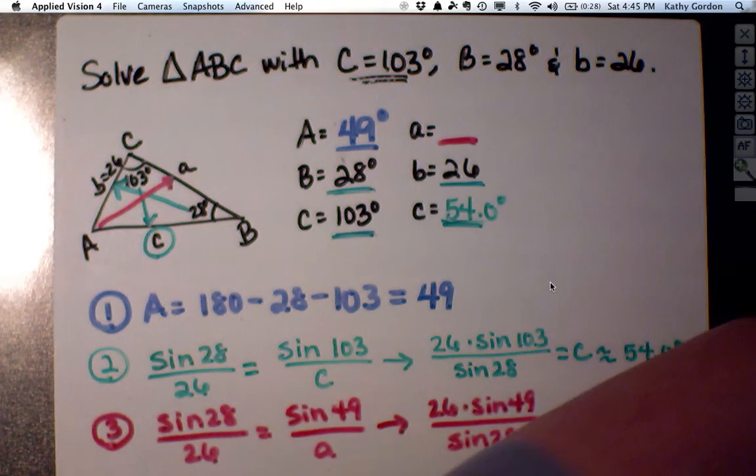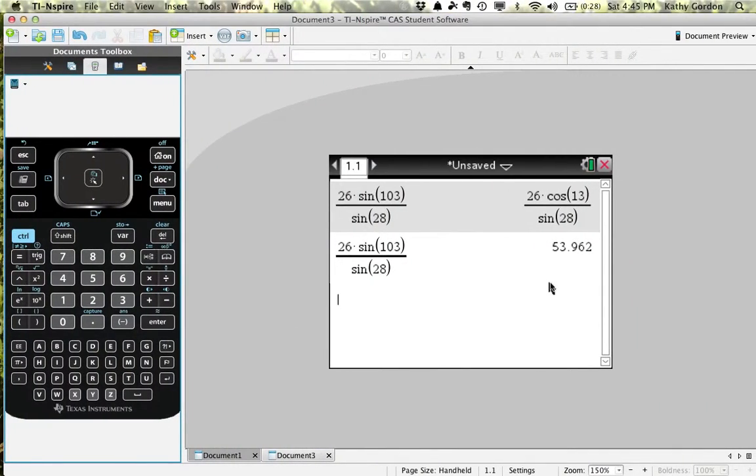So if we go back to the calculator, I need 26 times the sine. You can also just type SIN and see how it went from italics to non-italics when I do SIN. That's because this is a function that is already programmed into your calculator.